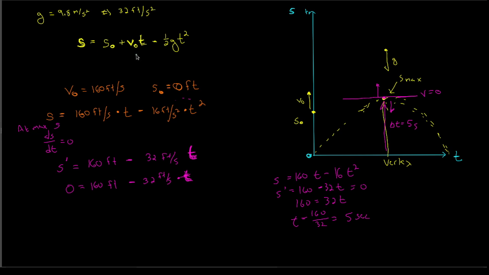So we know it's going to take 5 seconds for it to reach its maximum height. But if we know what time is, we know what the height will be. So we have found our time of flight, and we come back in and plug 5 into our function. That gives 800 minus 16 times 25, which is 400.